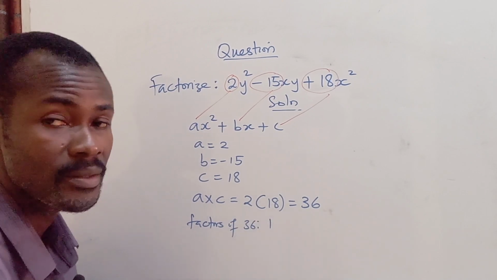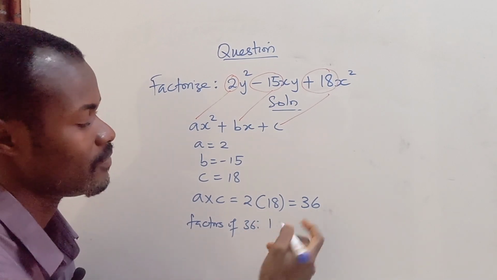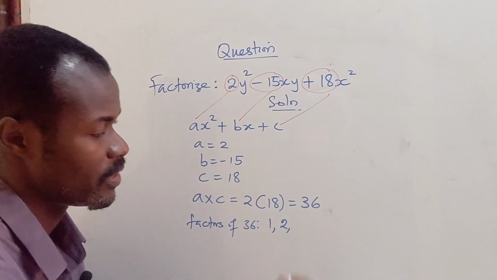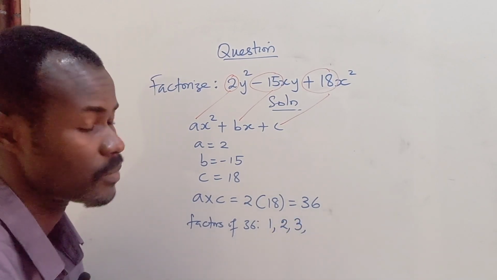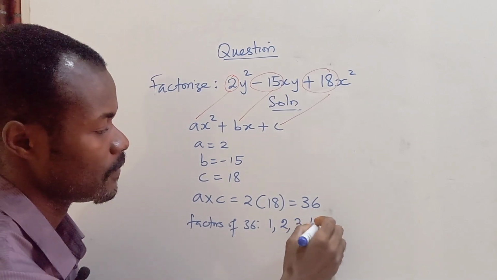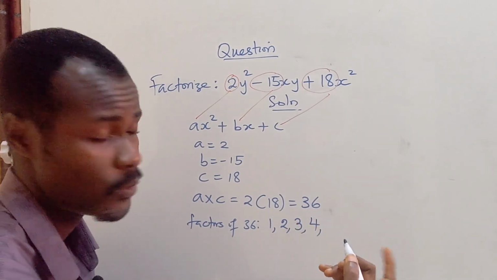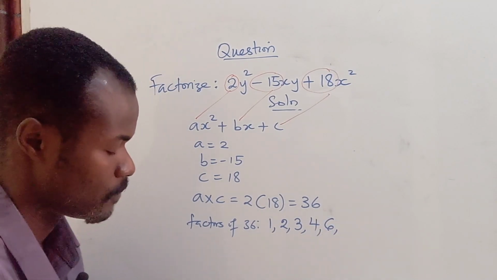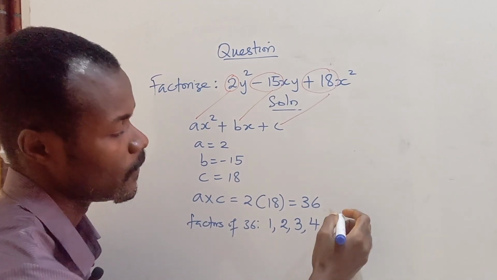So the factors of 36: we know that 1 can divide 36 without remainder. 2 can go into 36 without remainder. 3 can go, 4 can go. What about 5? No. How about 6? Yes, 6 can go. 7 cannot go. 8 cannot go.